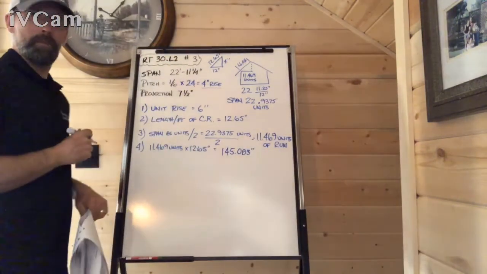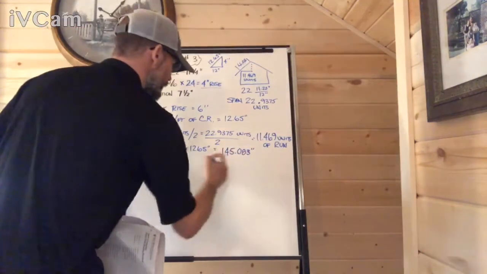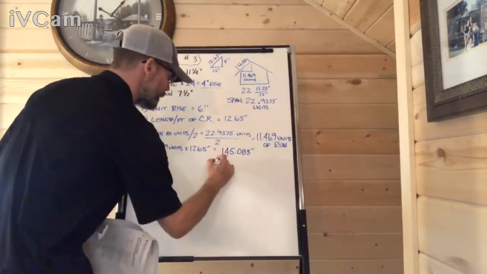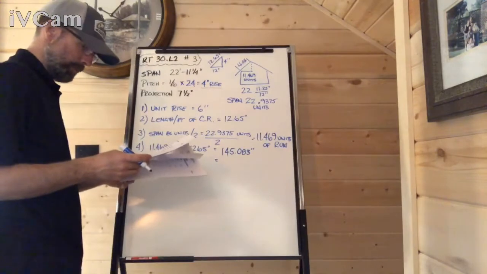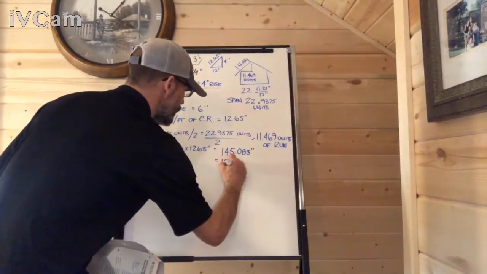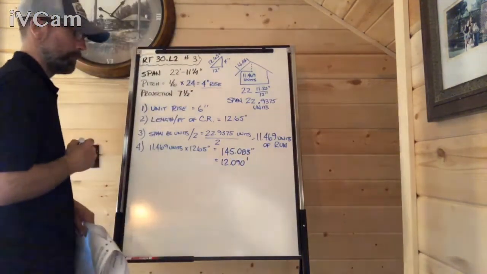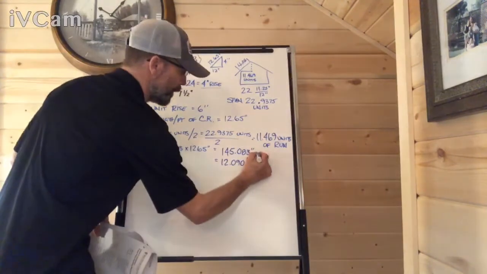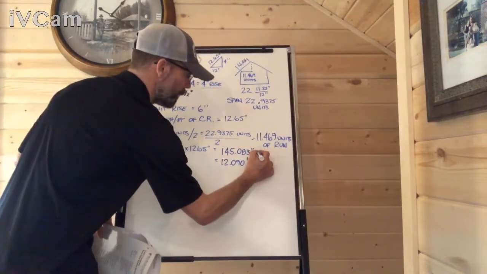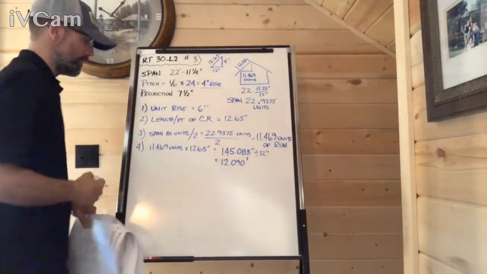inches. I'm a carpenter. What is that in feet? Well, I can take that and divide by 12. It will give me 12.090 feet. Let's put divided by 12 there. 12.090 feet.